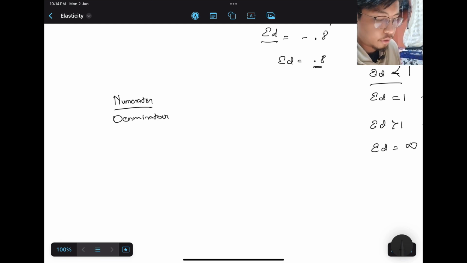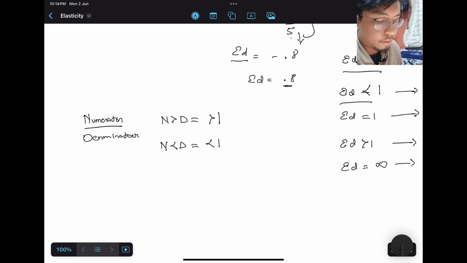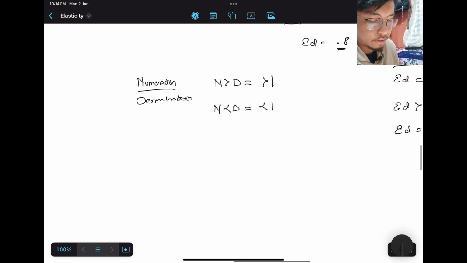So when your numerator is more than your denominator, your quotient is always going to be more than 1. Okay, and when your numerator is less than your denominator, then your quotient is always going to be less than 1.